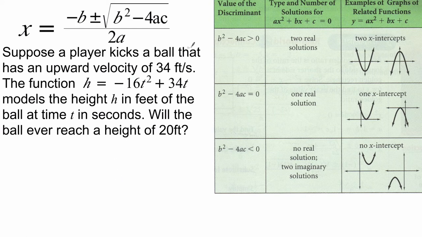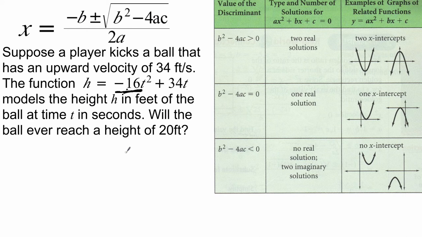So suppose a player kicks a ball that has an upward velocity of 34 feet per second. So you kicked this up in the air, and it's going up at a rate of 34 feet per second. The function h equals negative 16t squared plus 34t models the height h in feet of the ball at time t in seconds.